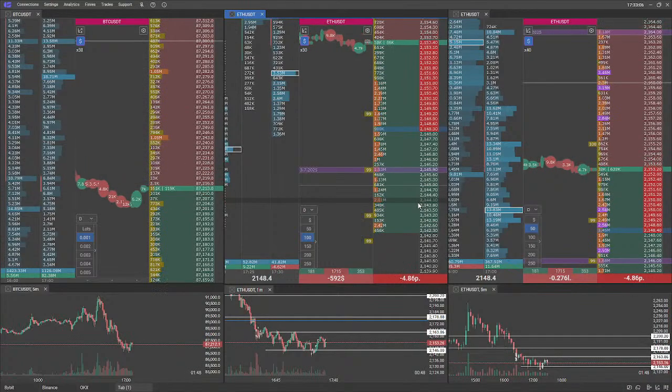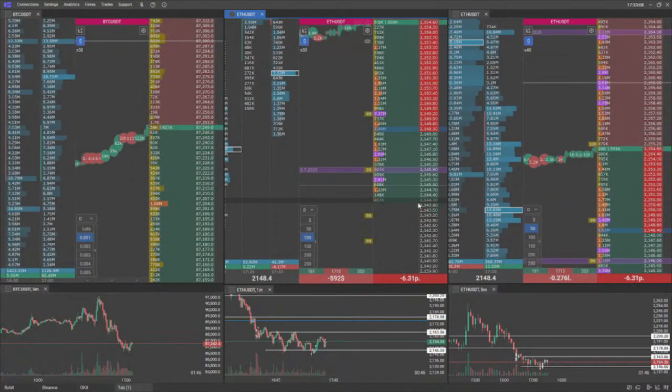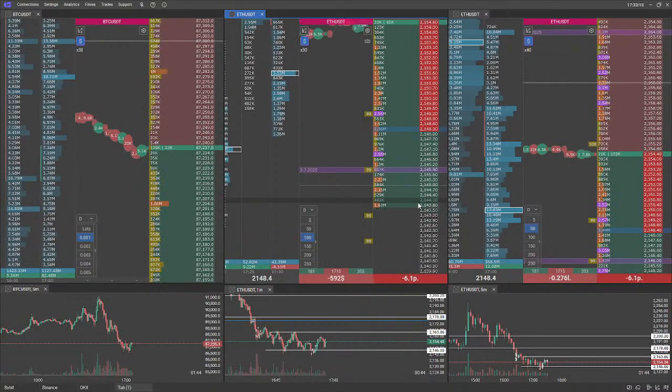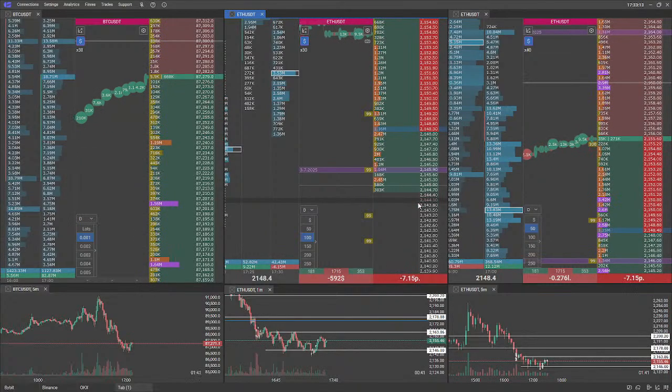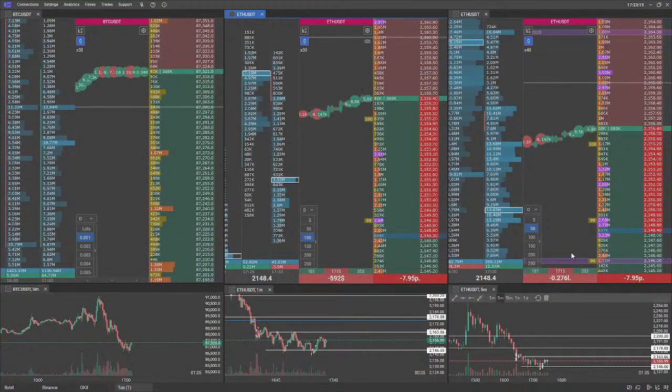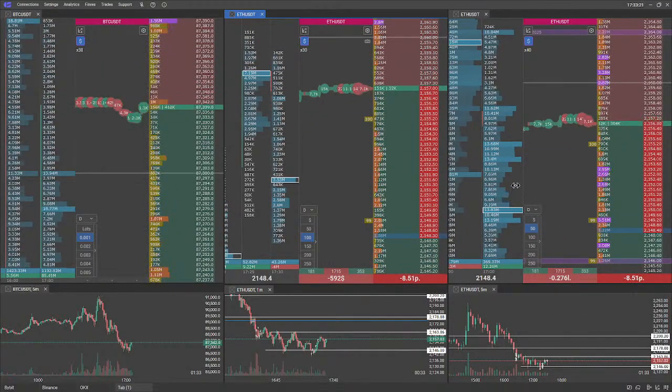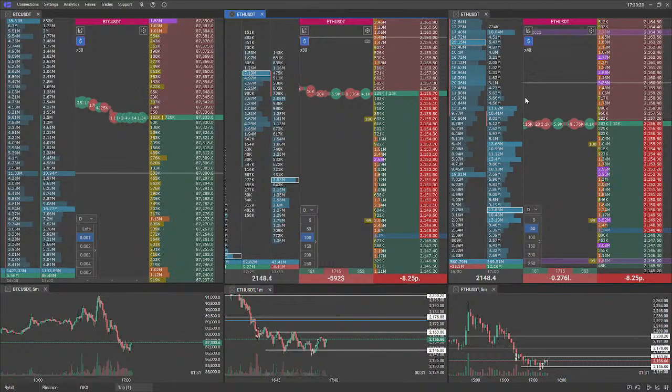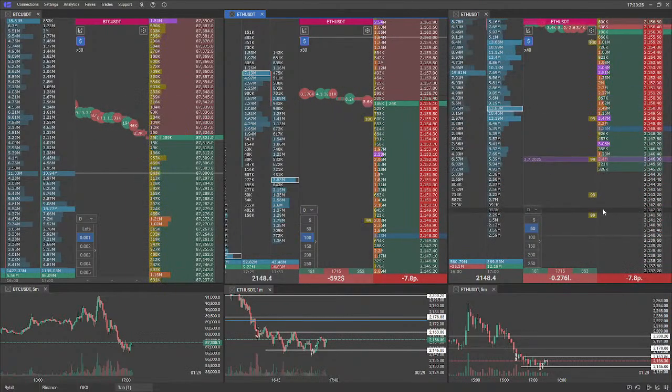Okay, now we are 50% into my total size. Good bounce. Very good bounce.